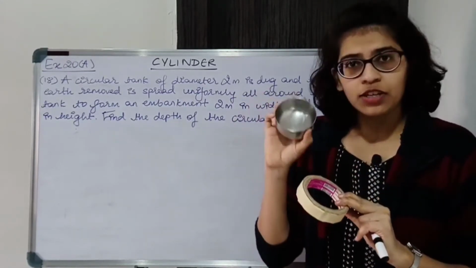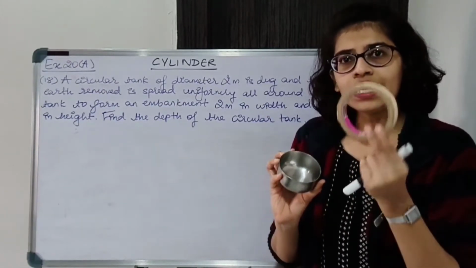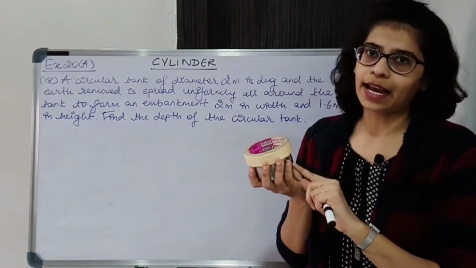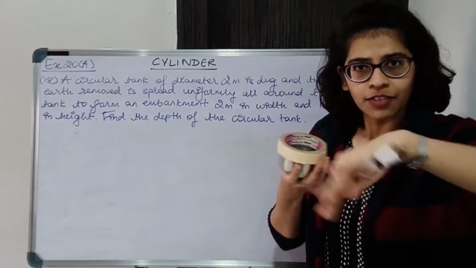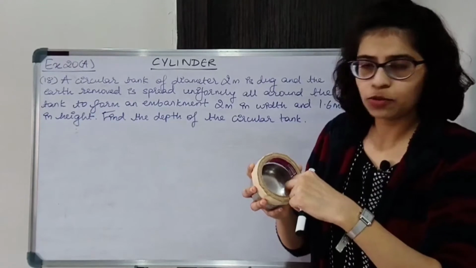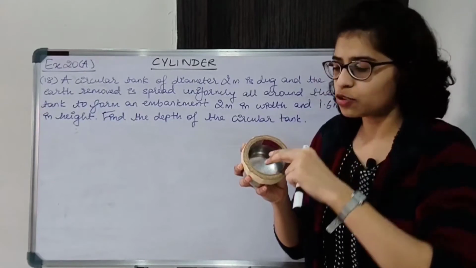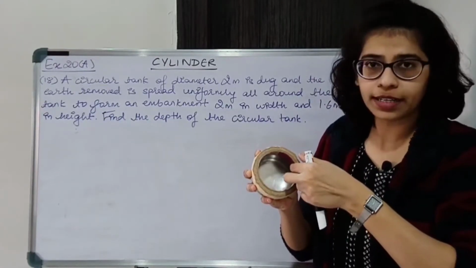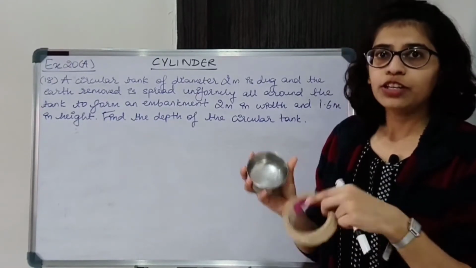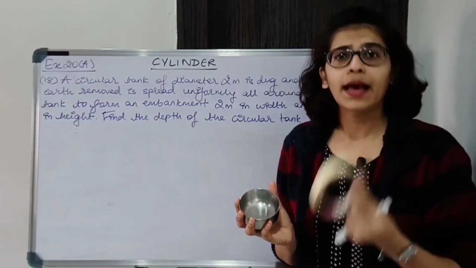Now the radius of this tank we know. Obviously the inner radius of this embankment is going to be equal to the radius of this tank, because we are covering it from this part. Obviously the radius cannot be less, otherwise the wall would go further inside. So this inner radius should be equal to this radius. In short, we know that the radius of this tank is equal to the inner radius of this embankment.